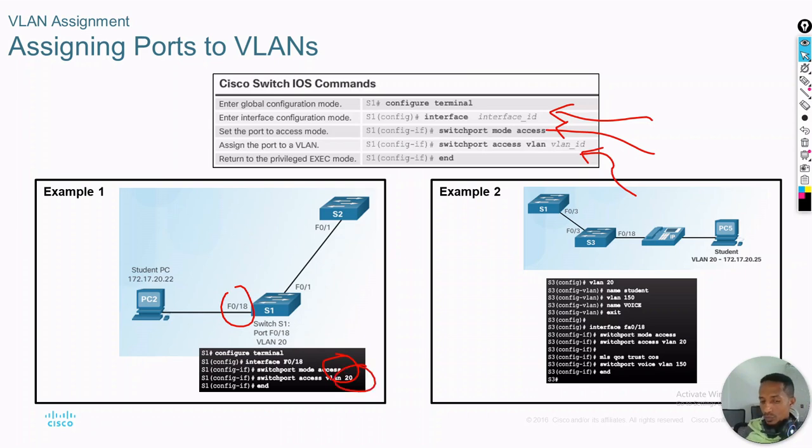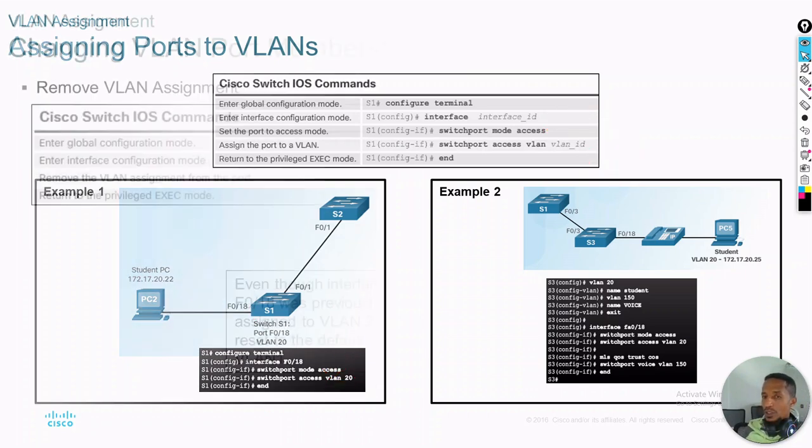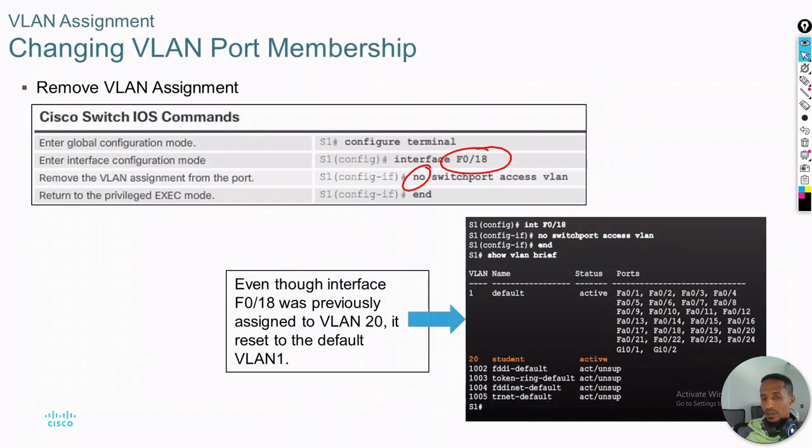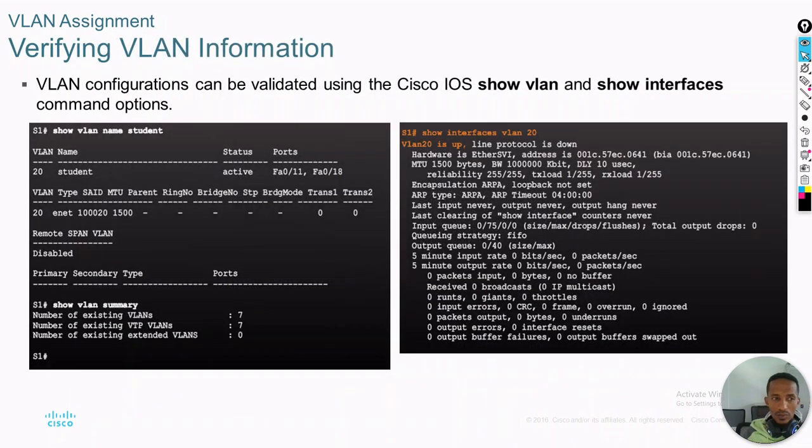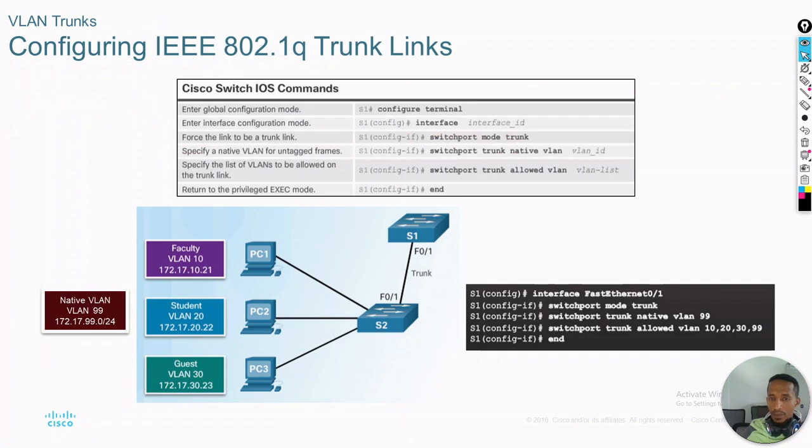Now we have revoked its previous value. We can also delete a VLAN. In order to see VLANs, you say show VLAN, then you specify the name of the VLAN. For example, the name of the VLAN is student, so then you can verify your implementation.